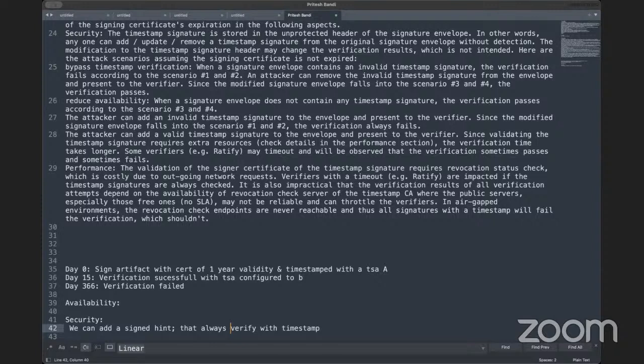Then that's very strange because the attacker can update the timestamp signature. Yes, if it's trusted in the trust store, then we are good, because the user trusts that trust store. So it's the same as that. Yes.